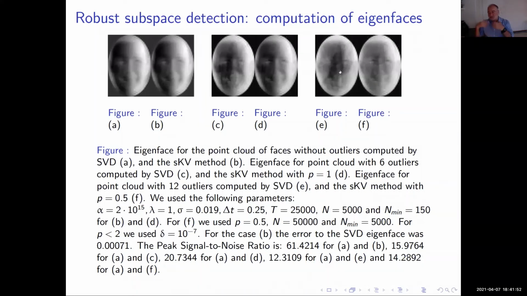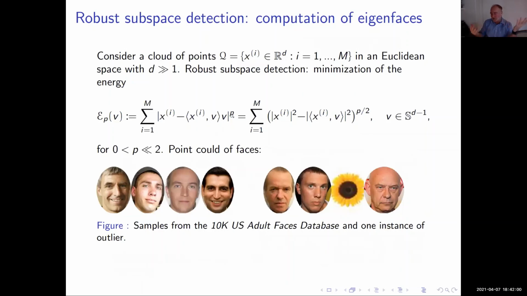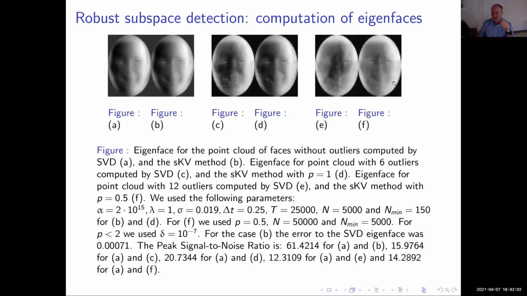In case you have even more outliers, the distortion is even stronger, but still using the CBO method for, say, p equal to 1 or p equal to 1/2 would allow you to have a reasonable solution.